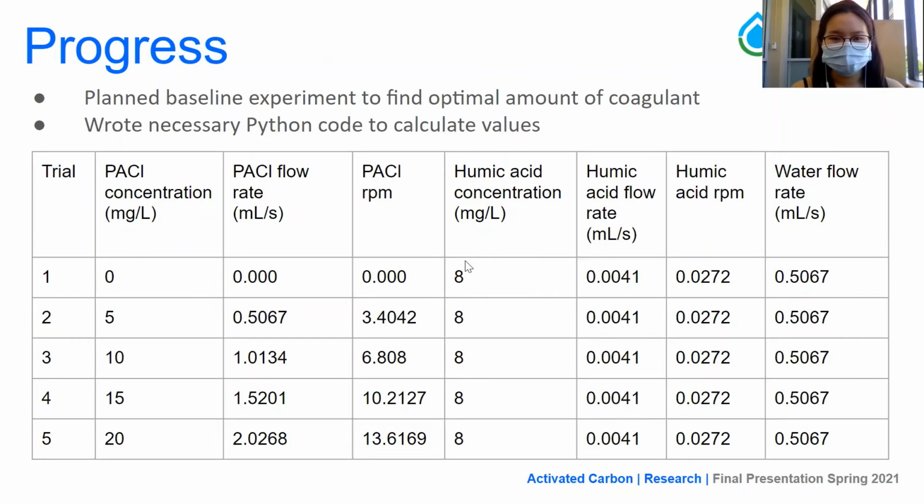So far this semester, we have planned our baseline experiment to find the optimal amount of coagulant that we will use to create flocs when there are high levels of humic acids and other organic substances in the water. In order to plan out the baseline experiment, we wrote the necessary Python code to calculate the values in the table on this slide.